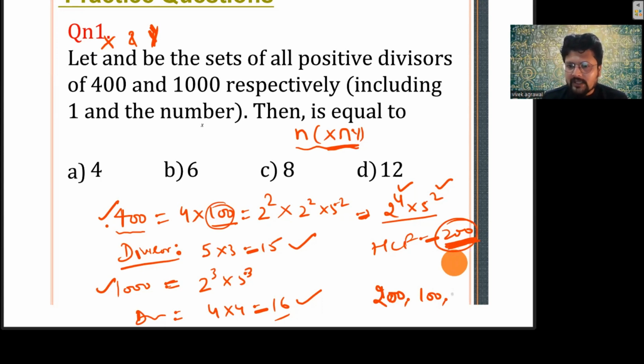Then by 4, it will be 50. By 6, not divisible. By 7, no. By 8, that is 25. By 9, no. By 10, it will be 20. By 11, no. By 12, no. By 13, 14, 15, 16, no. Then by which number are we going to divide? Anyone?